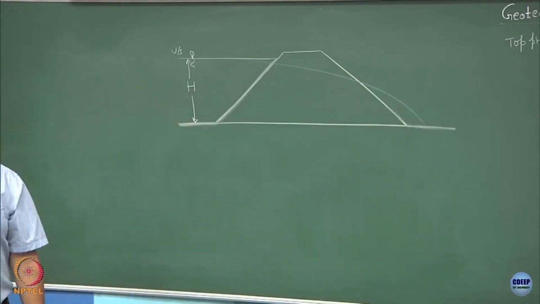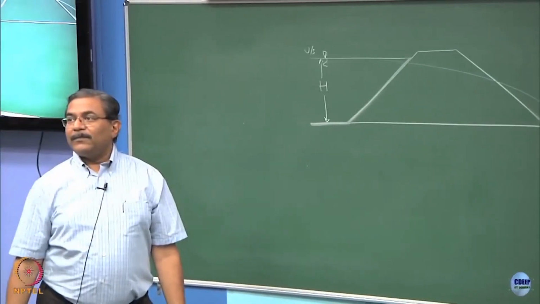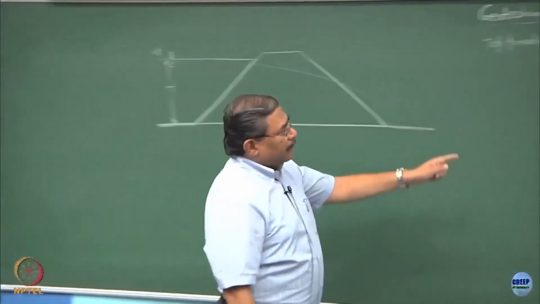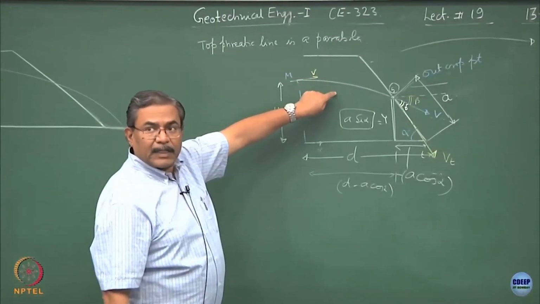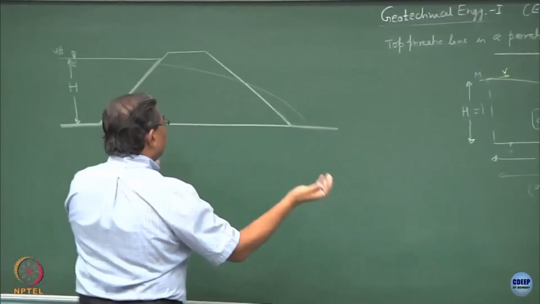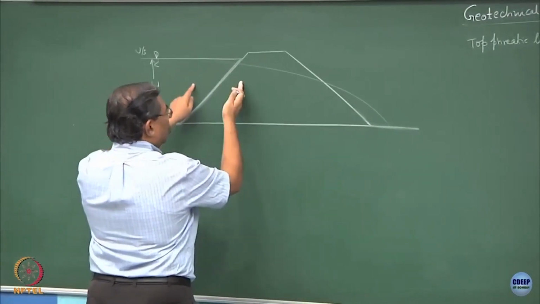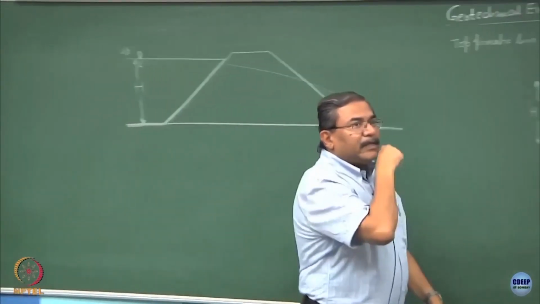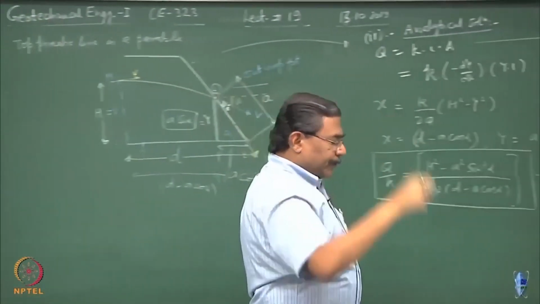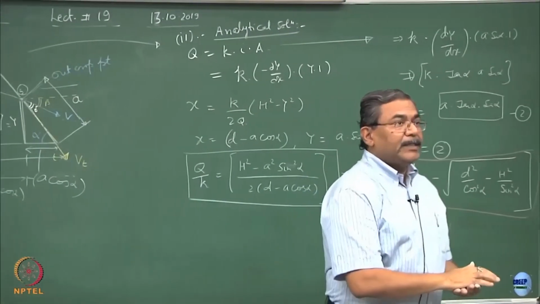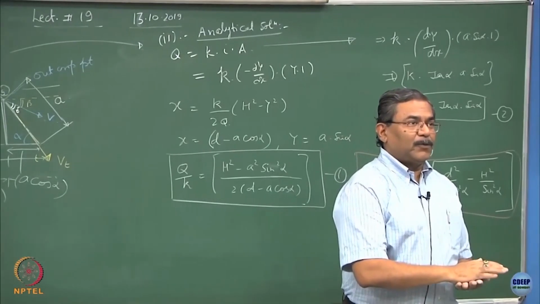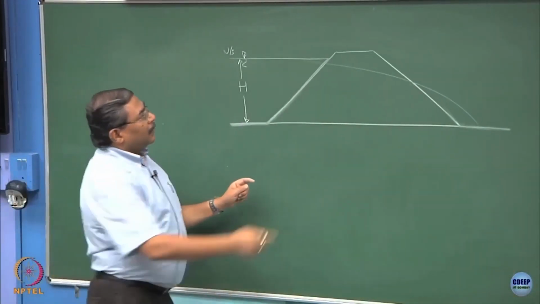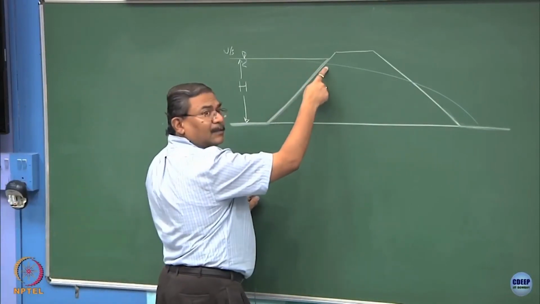Is this correct? Agreed? Because what we did is we have shown, we have derived the expression. Now, if you put this equation and superimpose on this cross section, this is how the situation would be. Now, tell me, what are the geometrical irregularities I have induced in the process? Let us start counting. Is this possible?